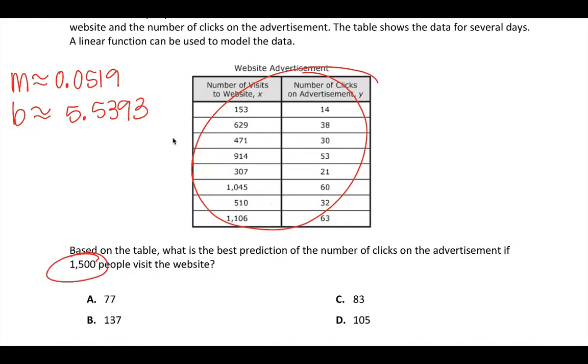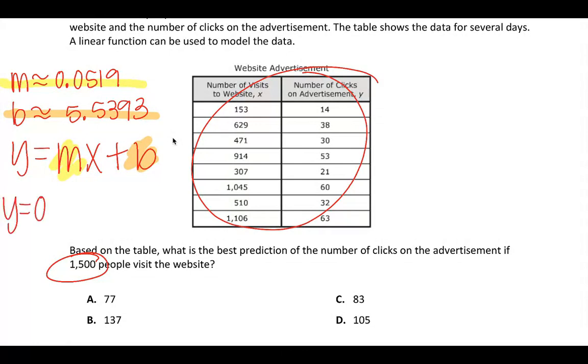So if I were to write an equation, y equals mx plus b, here's my m, here's my b. So it's going to be y equals 0.0519x plus 5.5393.